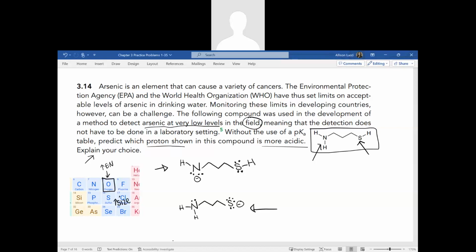Therefore, the more stable, weaker conjugate base would indicate a stronger acid, and so the proton on our sulfur atom is expected to be more acidic. So this proton over here would be more acidic.